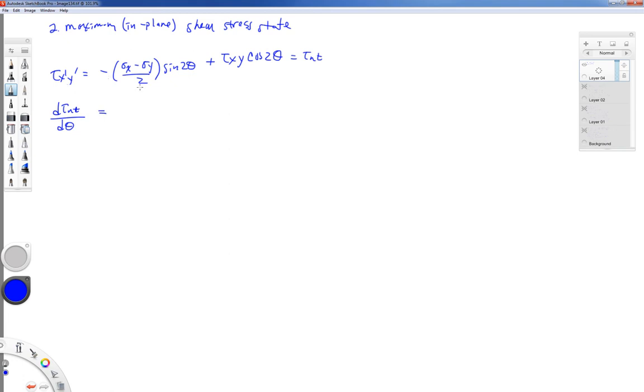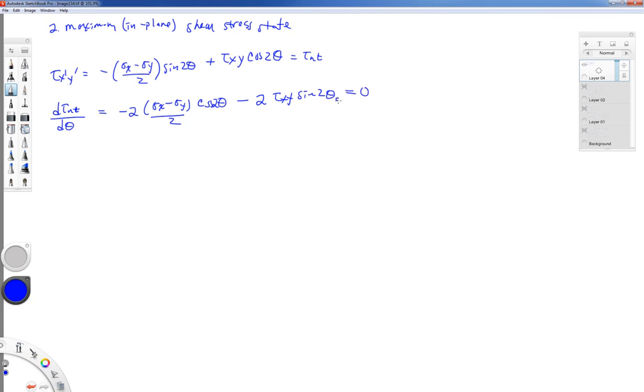So we don't have that sigma average term on this one. We have sine of 2 theta. The derivative of sine is a cosine, so we're going to have minus 2 sigma x minus sigma y over 2 cosine 2 theta. And then the derivative of cosine is minus sine, so we'll have minus 2 tau xy sine 2 theta equal to 0 to maximize it.